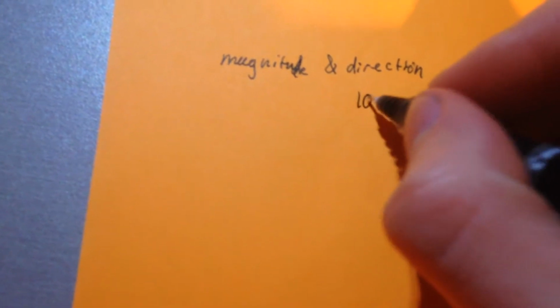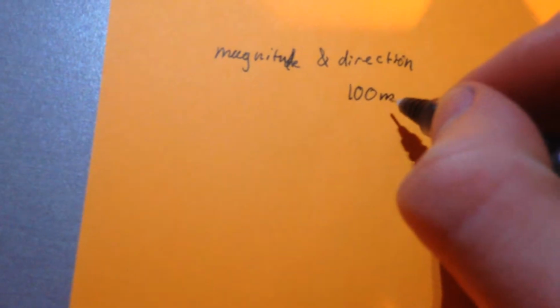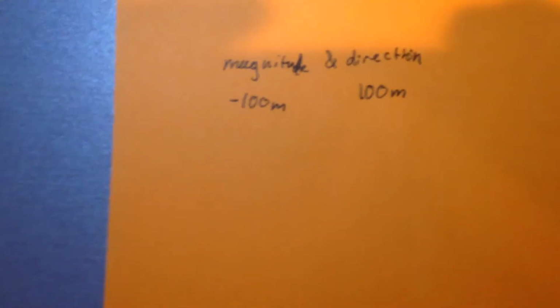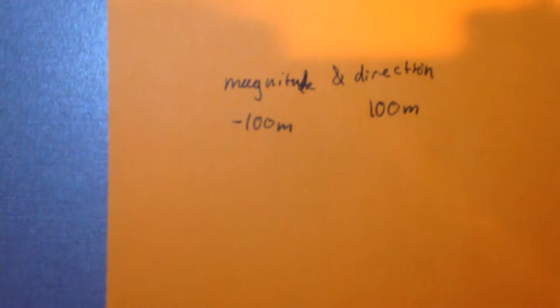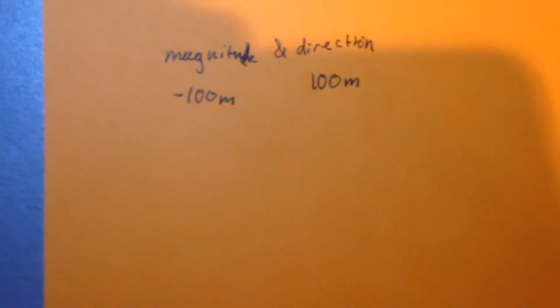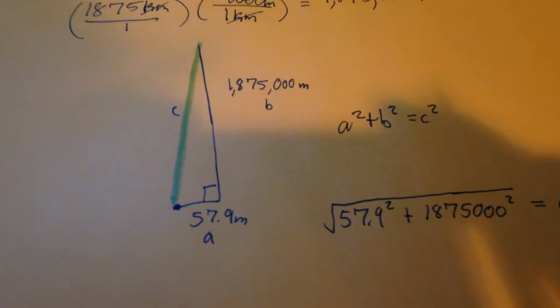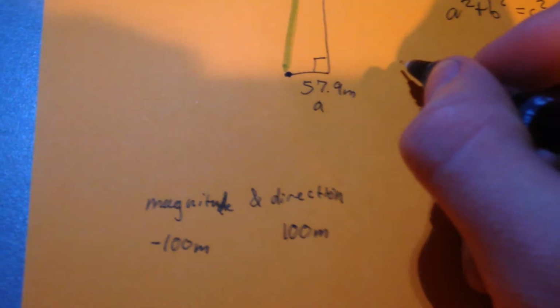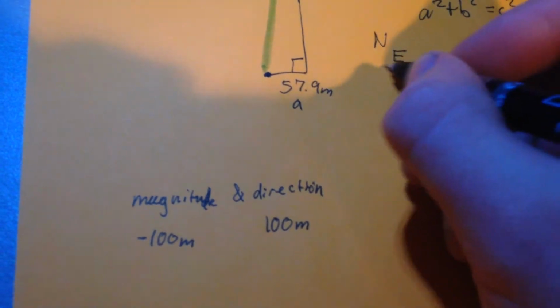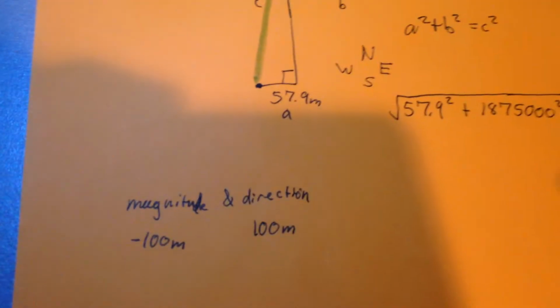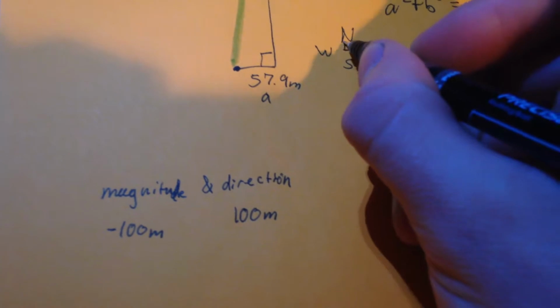So being 100 meters positive is not the same as negative 100 meters, even though that is technically the same distance. It's 100 meters, but they're in different directions. So what we want to do is describe in what direction this crazy woman's running. Oh yeah, and we went right because east. Yeah, north, east, south, west. So, I mean, we go east and we go north.